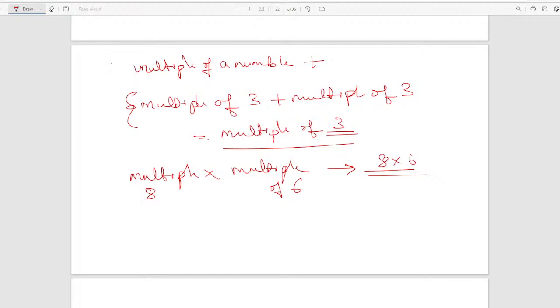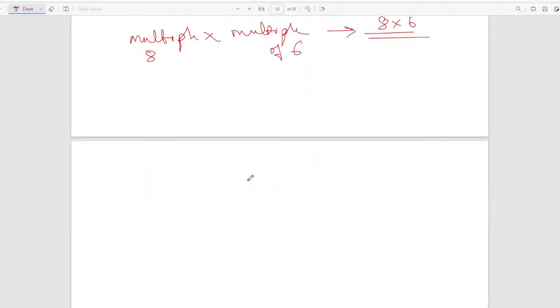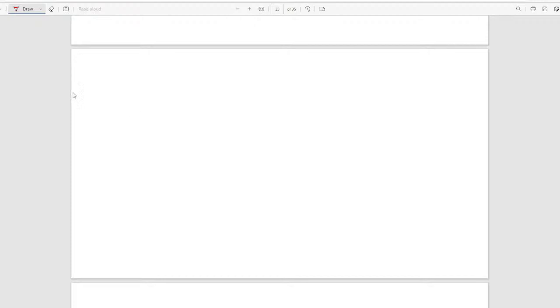Okay, next concept is cyclicity. What is cyclicity? There are questions where they ask you to find the units digit of a number. For example, they may say 3 raised to 5 or 3 raised to 2000. What is the units digit of this number?